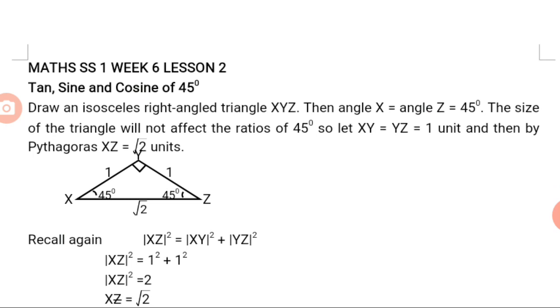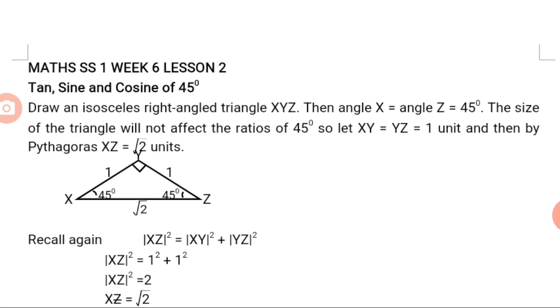You know that complementary angles are angles where two angles sum up to 90 degrees. Then, angle X equals angle Z, which is equal to 45 degrees.